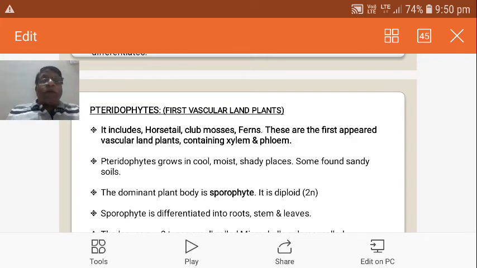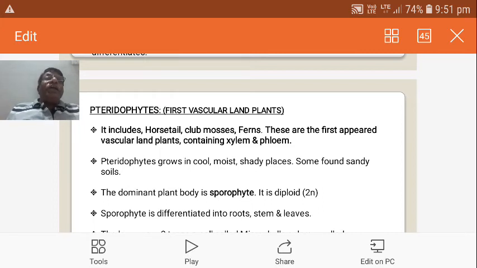23 chromosomes from the mother and 23 chromosomes from the father. n plus n, 2n. This is the basic of the chromosome number in case of man. Like that, the dominant body is sporophyte.